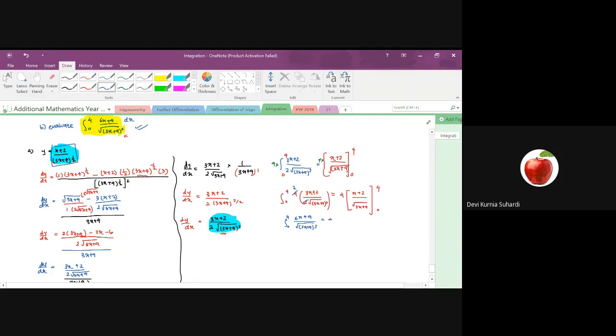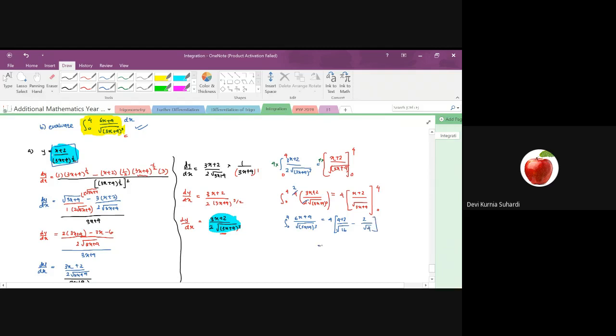Okay, so now lastly, we just need to sub it in and we're done. So 4 plus 2 square root of 3 times 4 is 12. 12 plus 4 is 16, minus 2 over square root of 4.